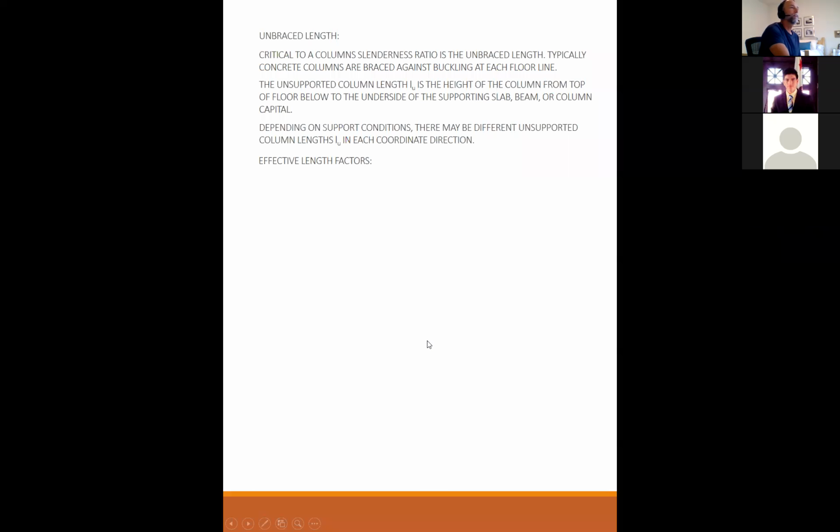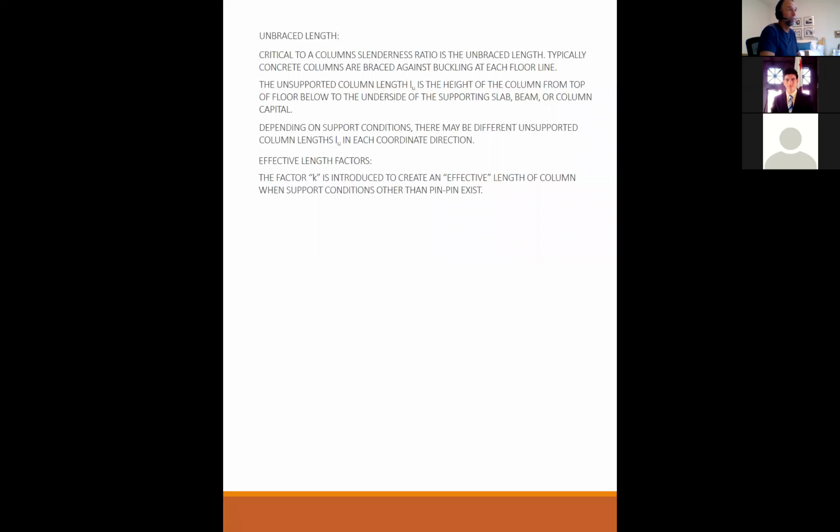Effective length factors. You remember this from mechanics of materials when you talked about column buckling? The factor K is introduced to create an effective length of column when support conditions other than pin-pin exist.